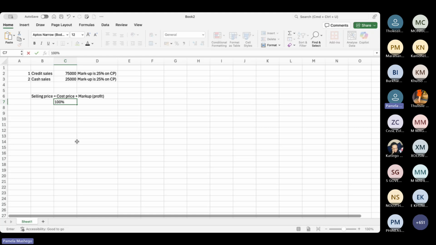The markup they gave you is 25%. So 100% plus 25% gives you 125%. So then what is my cost price? That divided by that, 60,000. The second one will work the same way. I'm not going to go through it, for the sake of time.